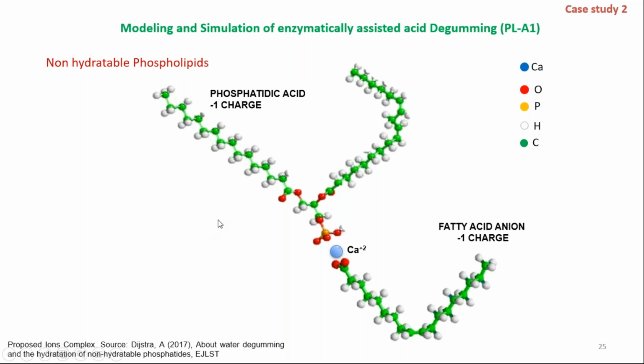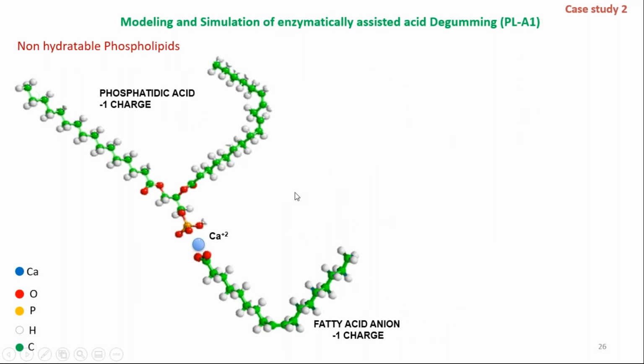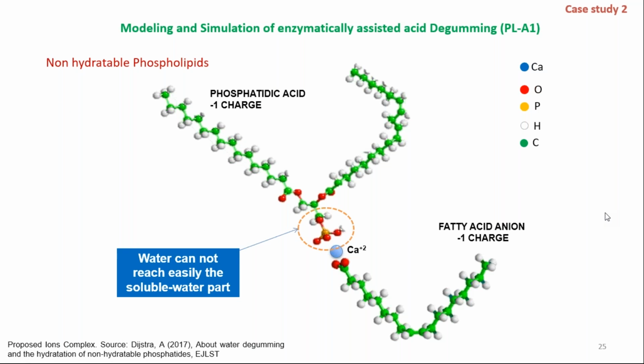Okay, and let us see why. This is the chemical structure of the calcium phosphatidic salt proposed by Albert Histra. I have put the source of this information in the footnote of the slide.